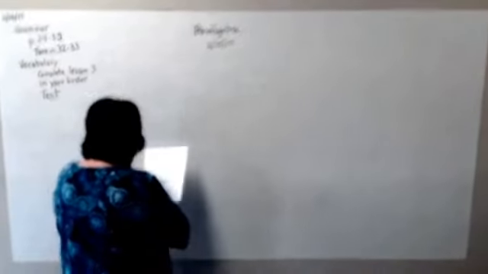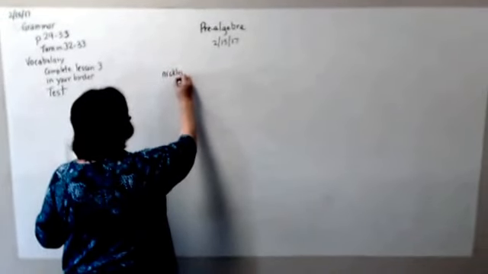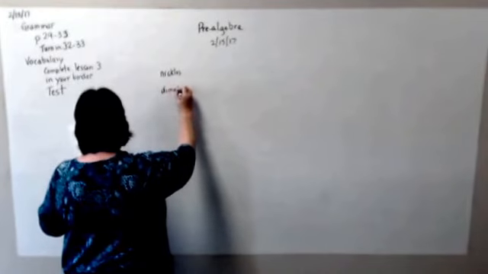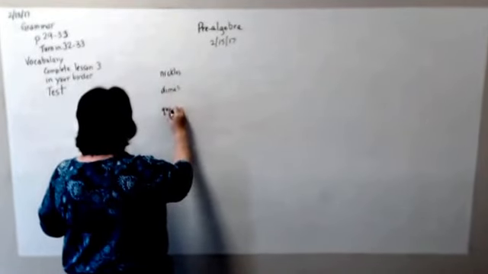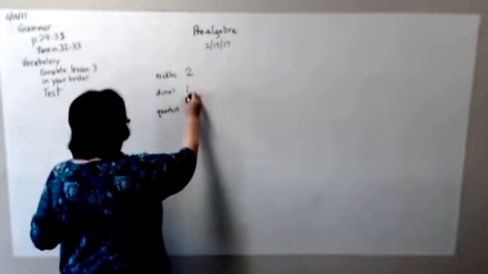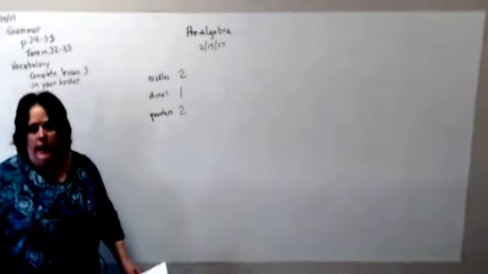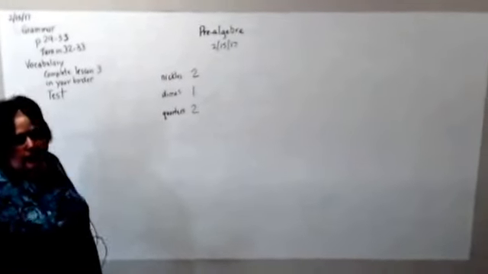So now let's see. Gavin has nickels, dimes, and quarters in a ratio of 2, 1, 2. Now, we can write several ratios.